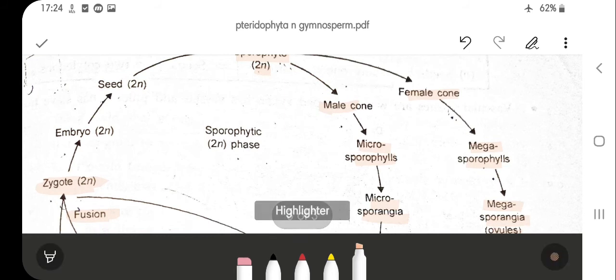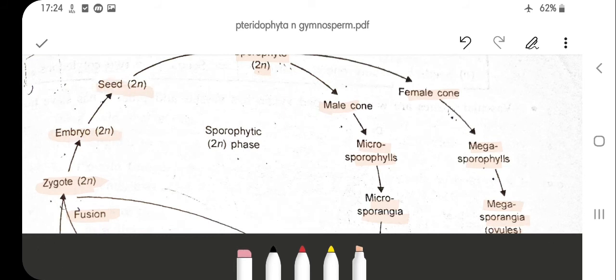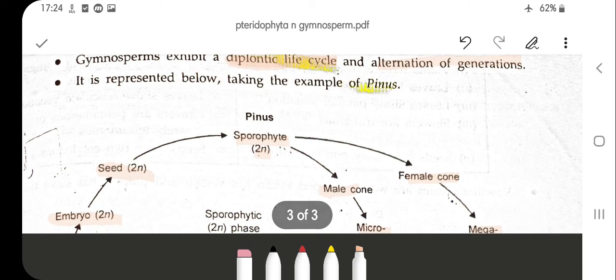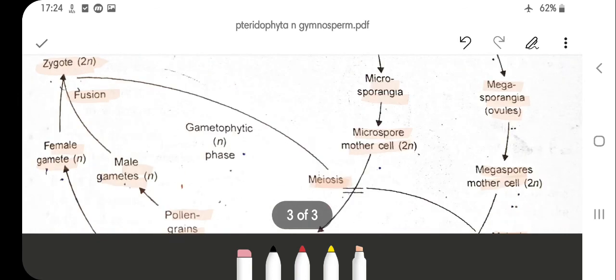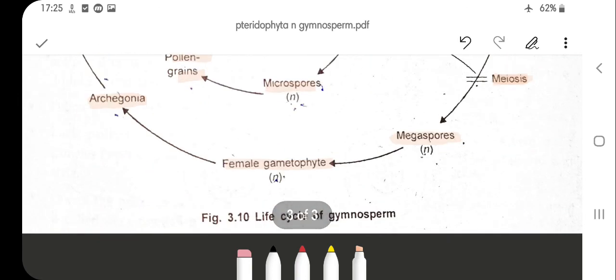It undergoes development into the embryo, from embryo to the seed, and the seed will form the new plant, that is your sporophyte. So that is known as the life cycle of the gymnosperm, which is the diplontic life cycle, in which the parent as well as the new plant are the same, sporophytic in nature, that is 2n, that is diploid.